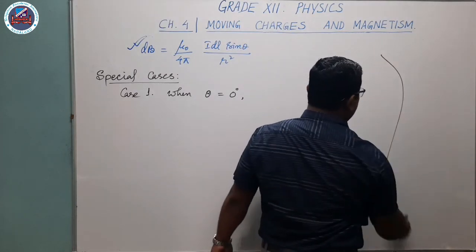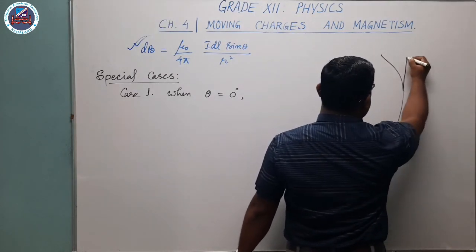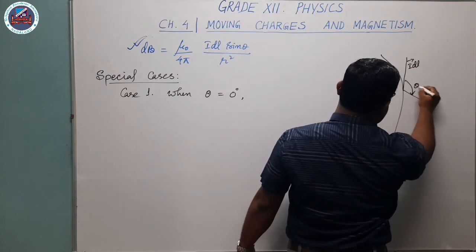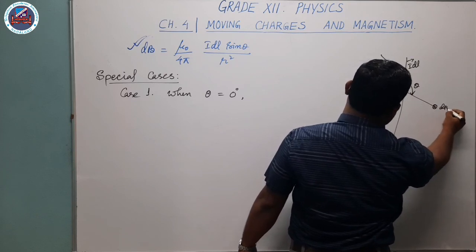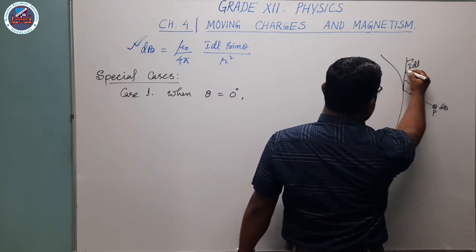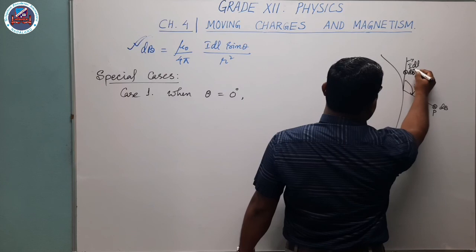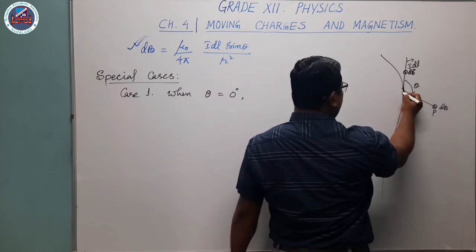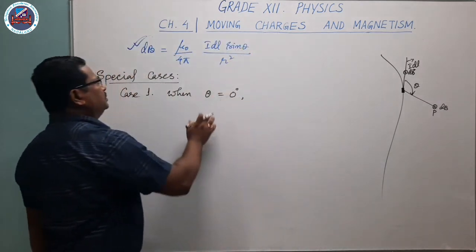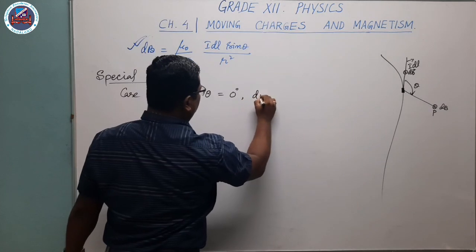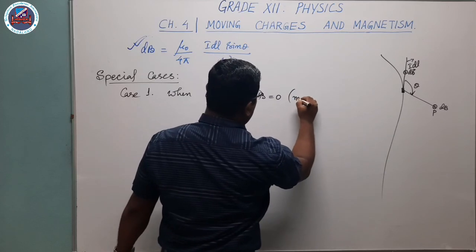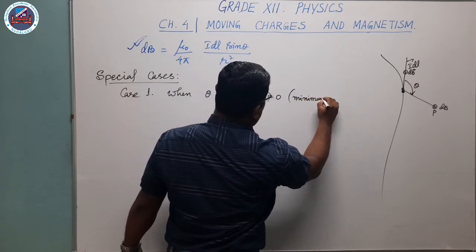This was your wire, your I dL is going like this, and this was your angle theta. This angle theta is 0 degree, means this dB is chosen here, along the direction of the current element. Then all of you know that sin 0 degree is equal to 0. So dB will have minimum value. dB will become 0.